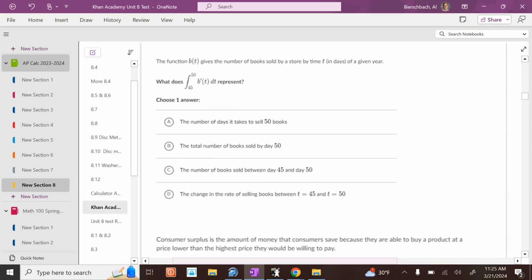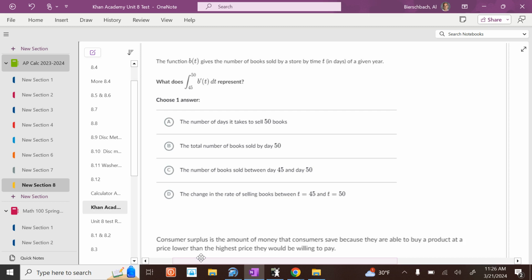The function B sub t gives a number of books sold by a store by time t in days on a given year. What does this represent? Because it's the first derivative, it is how fast they're selling from 45 to 50.